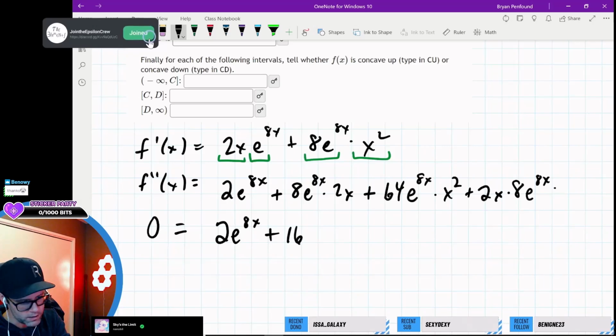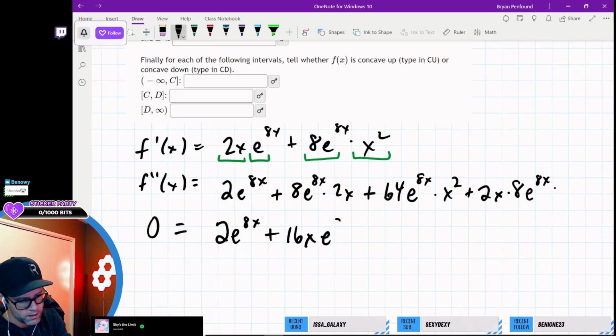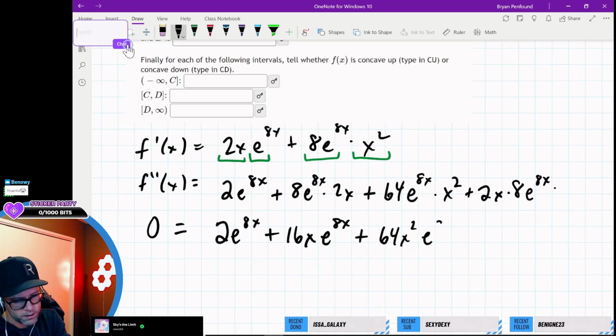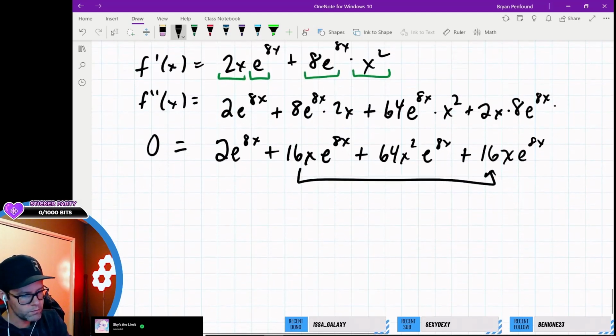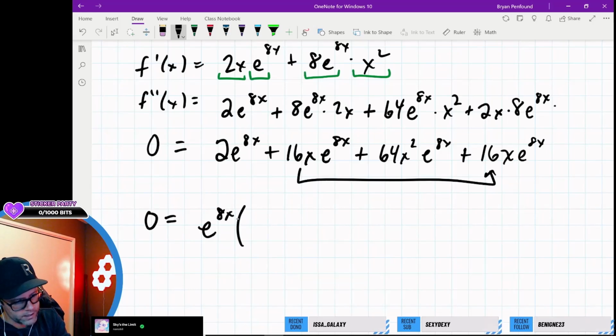So this is going to be 16x e to the 8x plus 64x squared e to the 8x plus, this is another 16x e to the 8x. Okay, so we can actually combine these two things. So that's nice. So let's factor out that e to the 8x and see what we have left.